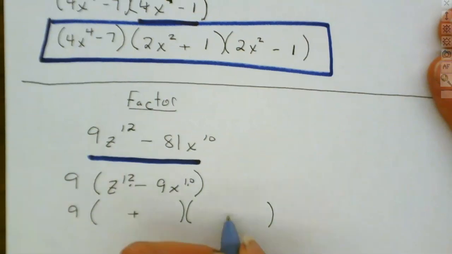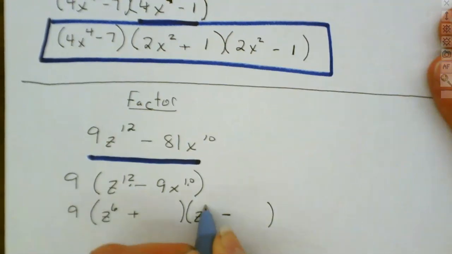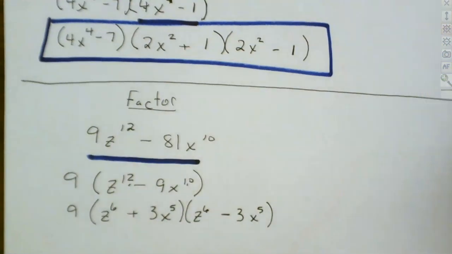One is plus and one is minus. So z to the 12th splits up into z to the 6th, z to the 6th. 9 splits up into 3 and 3. X to the 10th splits up into x to the 5th and x to the 5th.